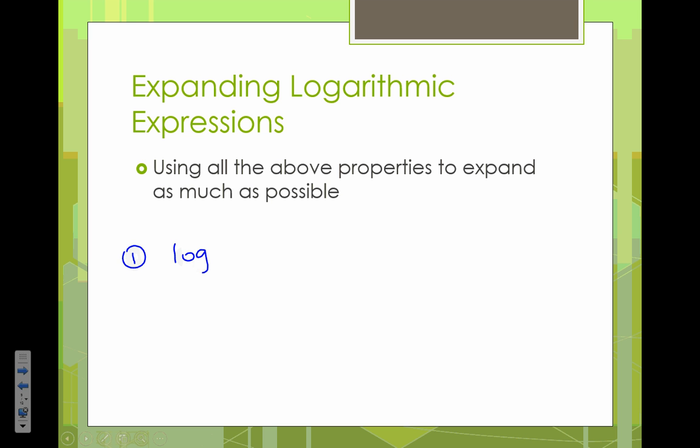So I've got log base a of s cubed times the square root of t. So again, we can express that root as an exponent. So that gives me the log base a of s cubed times t to the 1/2. So now I've got multiplication in here. I've got a product between s cubed and t to the power of 1/2. So I'm going to split those into addition.